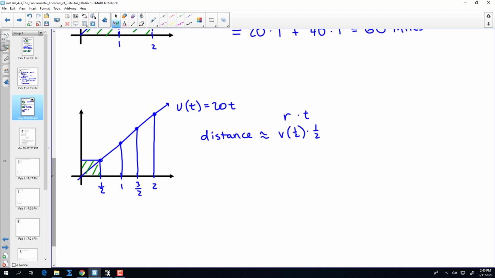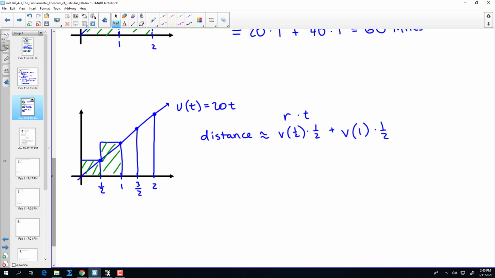Okay, then it's going to be the velocity at the end of the first hour, so it would be this height here, and then when we multiply that by that half hour, it measures out the area of this rectangle, calculating a distance.